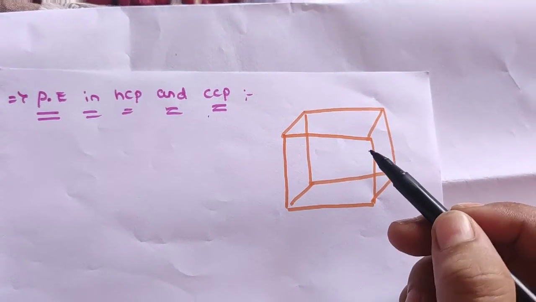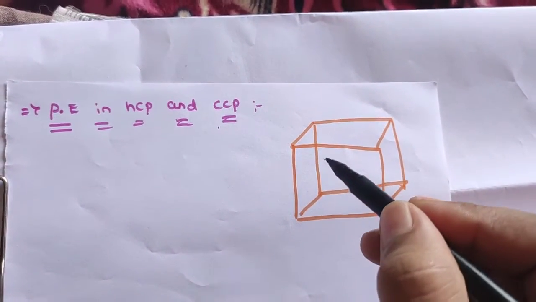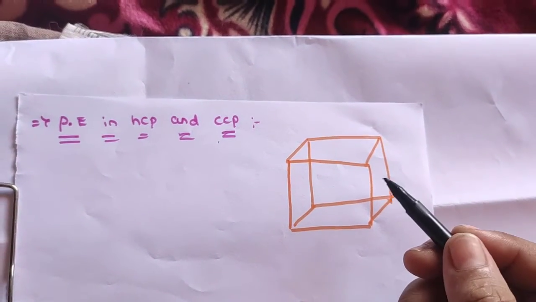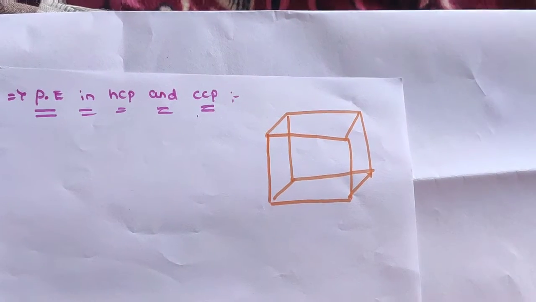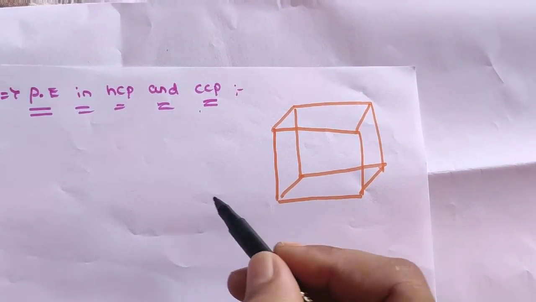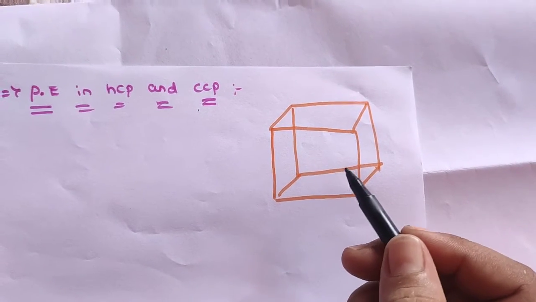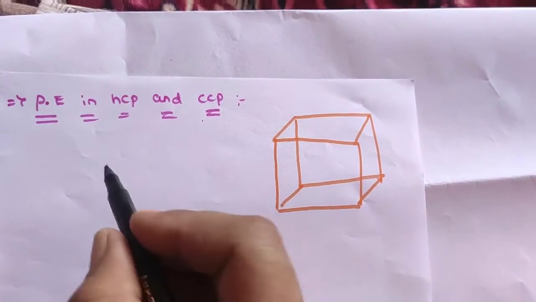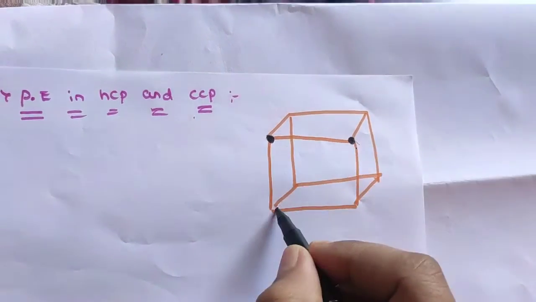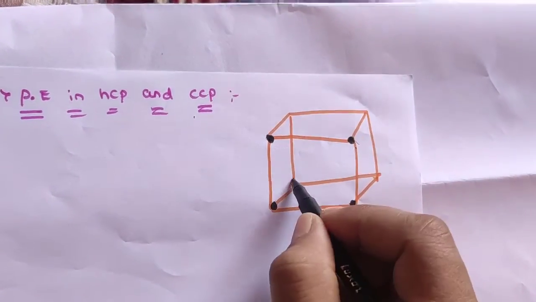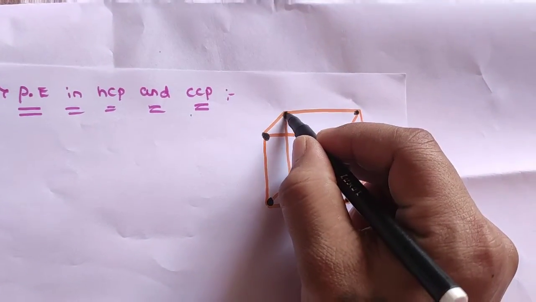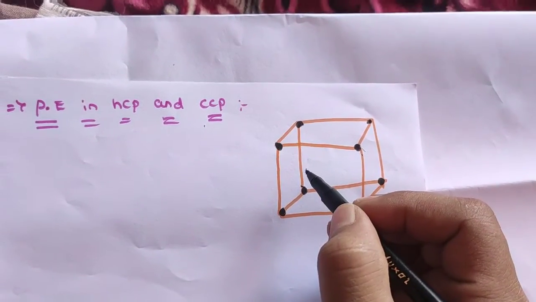Now we can calculate packing efficiency for cubic close packing or the face centered unit cell. Here, in this type of arrangement, the particles touch one another along the face diagonal. Because this is face centered, the constituent particles are present in addition to the corners, at each face.